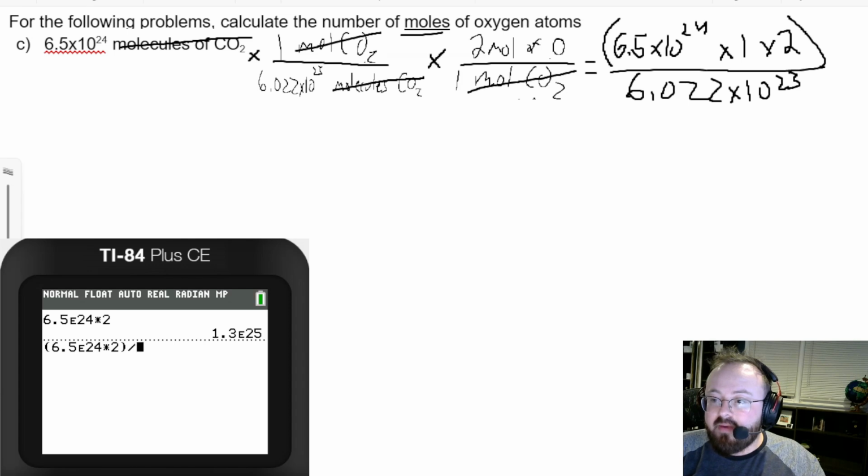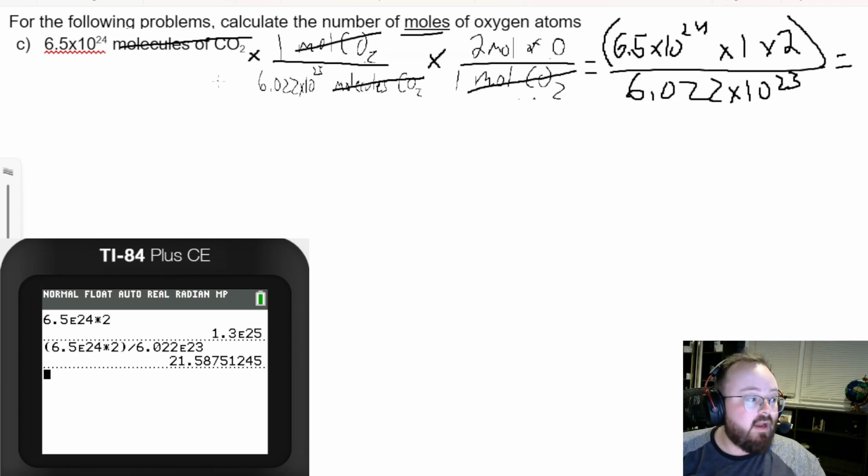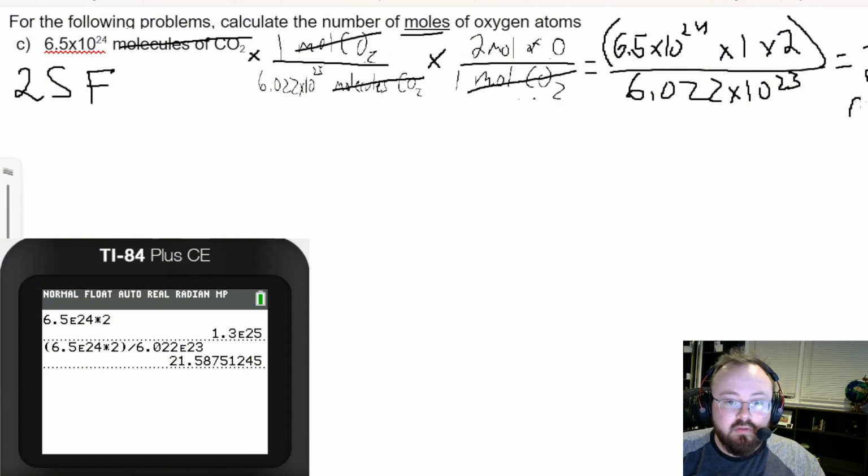I'm going to divide that by my number on the bottom, 6.022 times 10 to the 23rd, and I'm going to get my answer, which equals 21.5875. We'll talk about sig figs. My initial number right here has 2 sig figs, so I should round this number up to 22 moles.